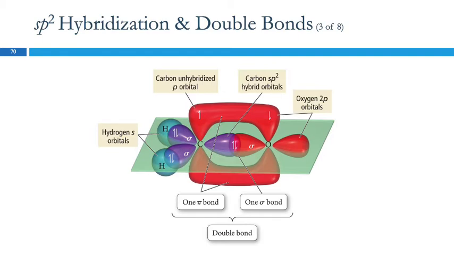Because if you look at that bond from one end, if you stand here and look down, you're just going to see a cylinder, round, right? Because this one is round and that one is round and they're lined up on each other. So sigma, the letter is round, right? So that's the end-to-end overlap.